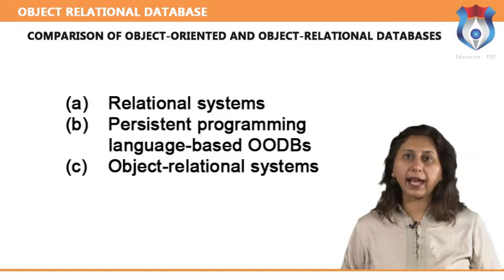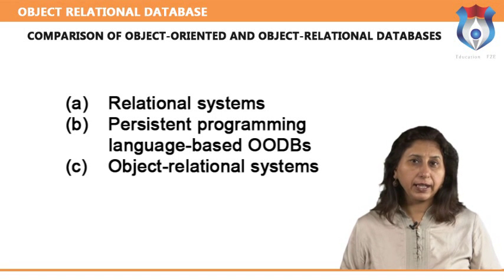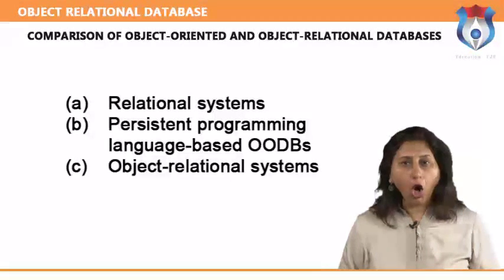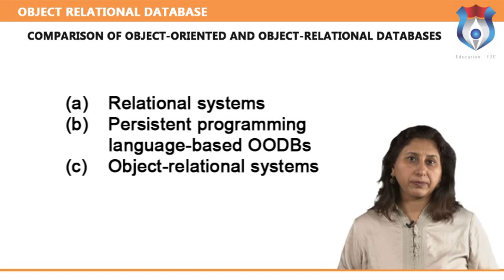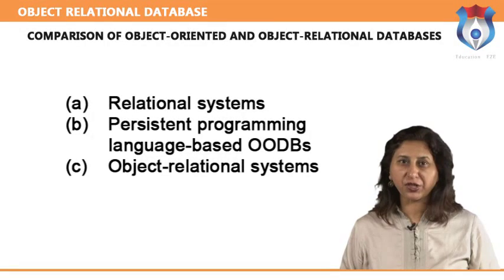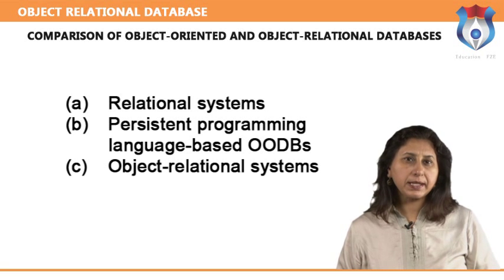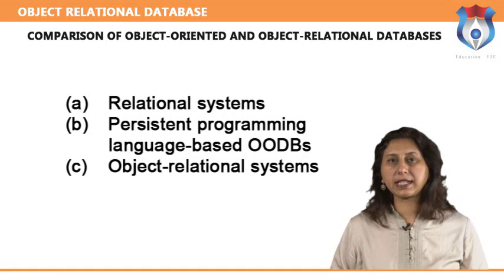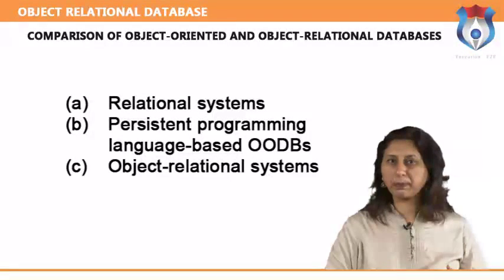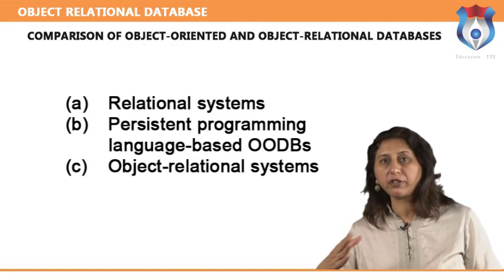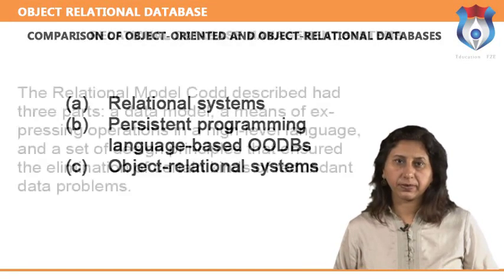Persistent programming language-based OODBs: complex data types, integration with programming languages, high performance. Object-relational systems: complex data types, powerful query languages, high protection. Some systems blur the boundary. For example, some object-oriented database systems built around a persistent programming language are implemented on top of a relational database system.